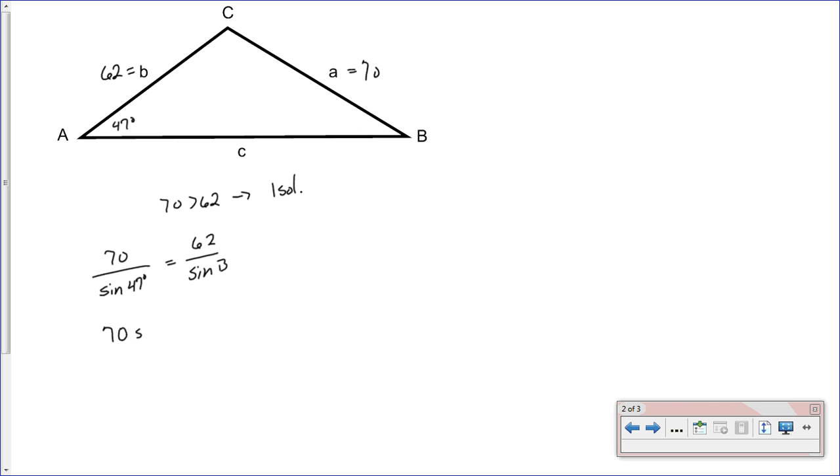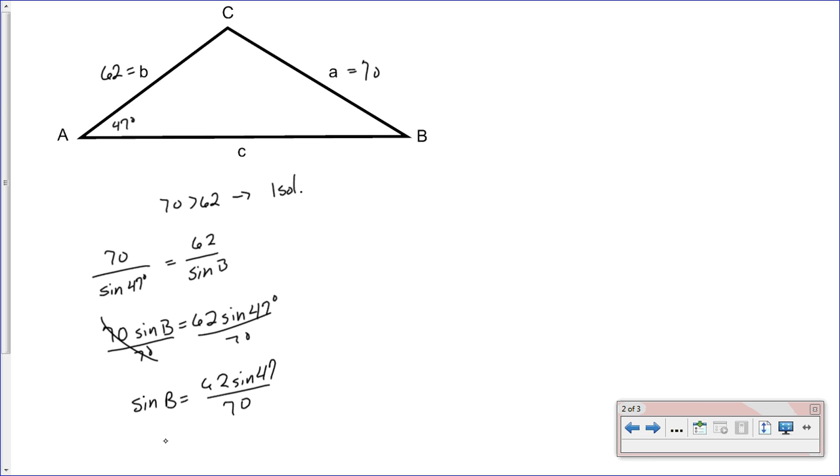So 70 times the sine of B equals 62 times the sine of 47 degrees. All right, let's get rid of this 70, so divide it off.